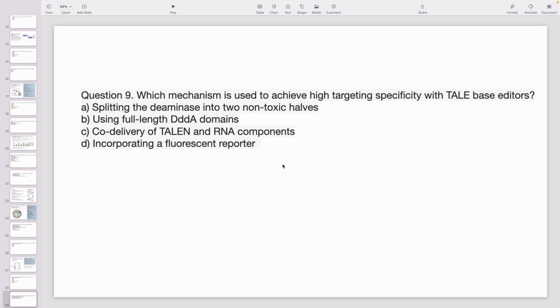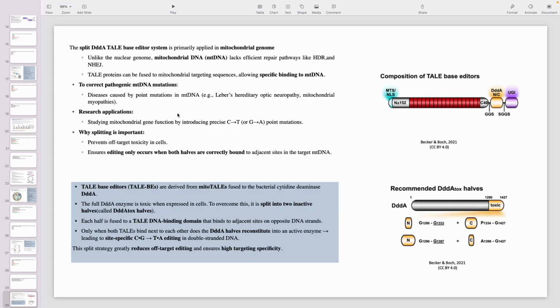So the correct option for this question is option A, splitting the deaminase into two non-toxic halves. Let's look into the concept first. The split DddA TALE base editor system is primarily applied in the mitochondrial genome.